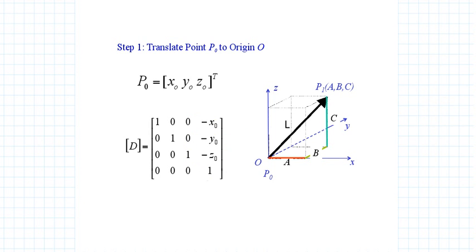Next, as we have discussed, you have to push this translated line so that it lies on the xy plane. You can figure out the xy plane here. So for that, you have to find the angle this line L is making with the xy plane. From observation you can find it out. How?